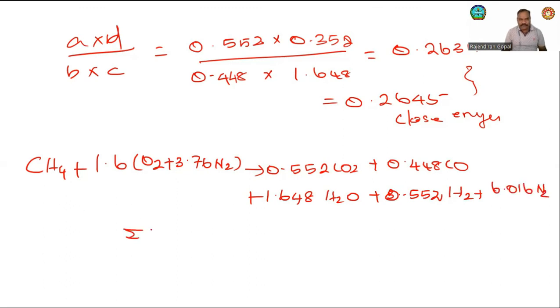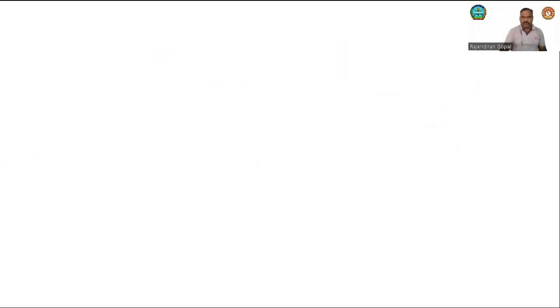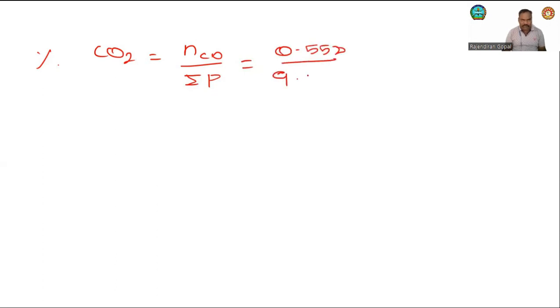Now the summation of the products is equal to 9.016. So the percentage of CO2 is the moles of CO2 divided by the summation of the products, which is 0.552 over 9.016, equal to 0.06122, that is 6.122%.